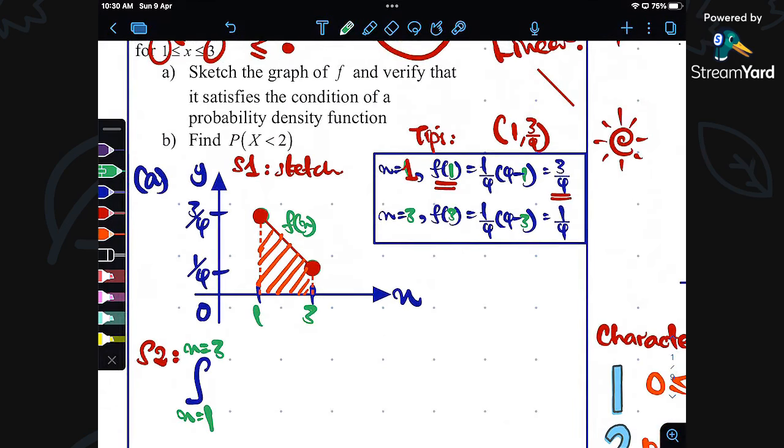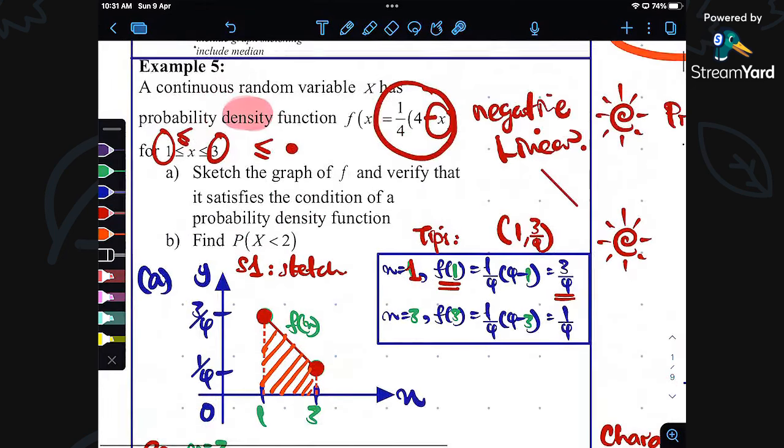So we want to find the area under the graph. So we have to integrate it, okay? We integrate it. So when we integrate it, we put an f first. Here goes the f, okay? I just want to show you step by step. I put the f first, the function f here.